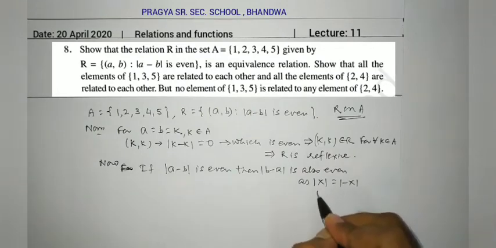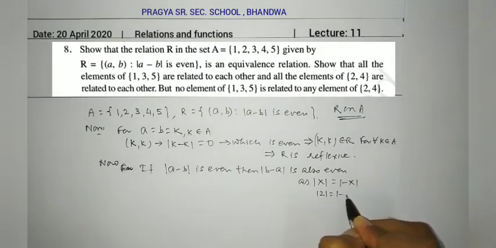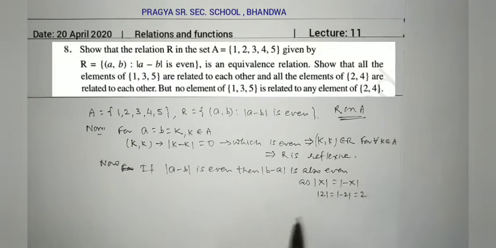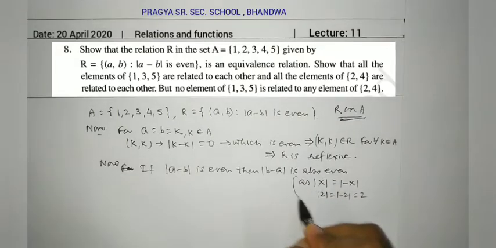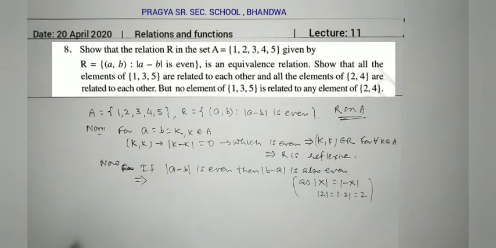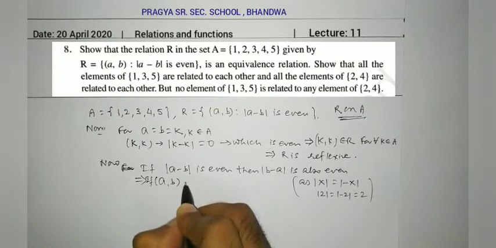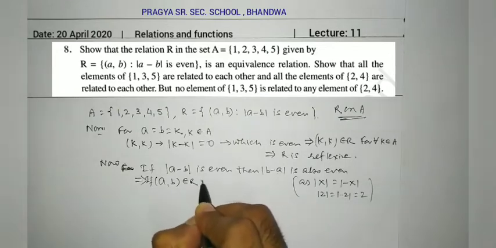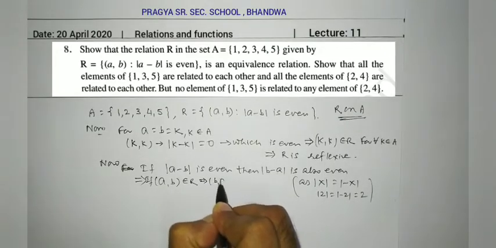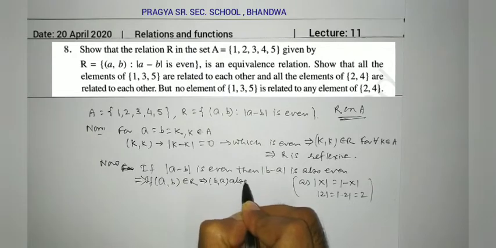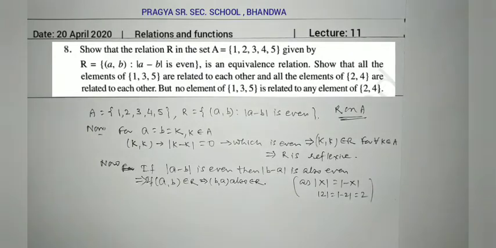You can say |2| is equal to |-2| and both are equal to 2. In the same way, if |a - b| is even, then |b - a| is also even. Is that clear? What we can conclude is that if (a, b) belongs to R, it implies (b, a) also belongs to R. So if (a, b) belongs and then (b, a) also belongs, we can say R is symmetric.